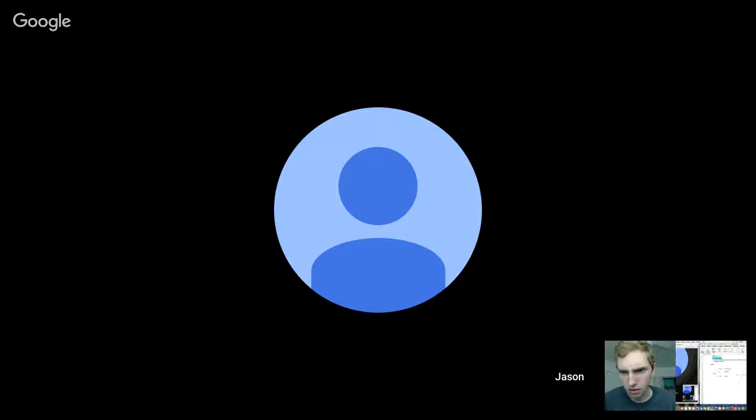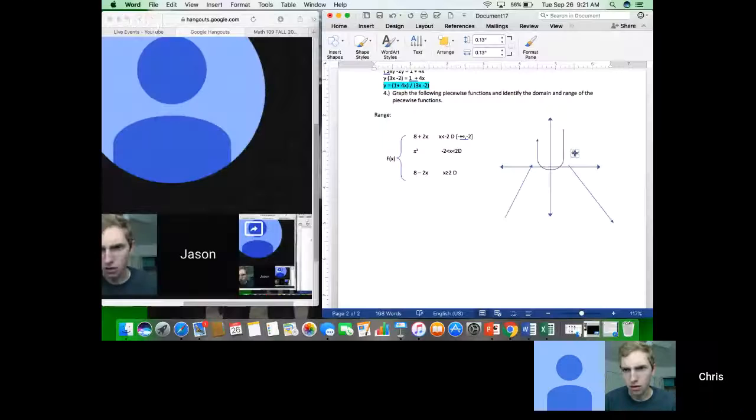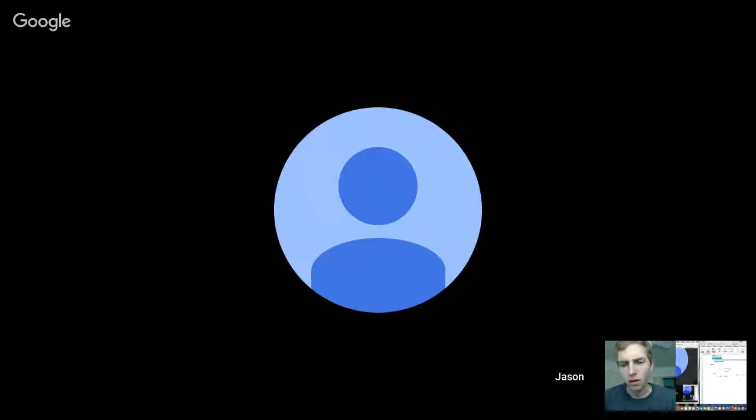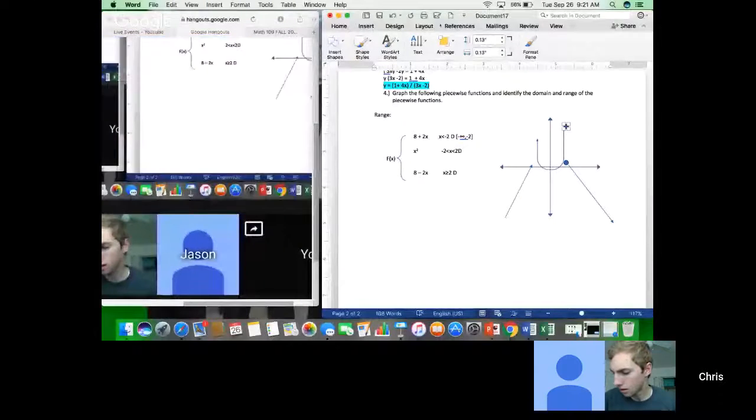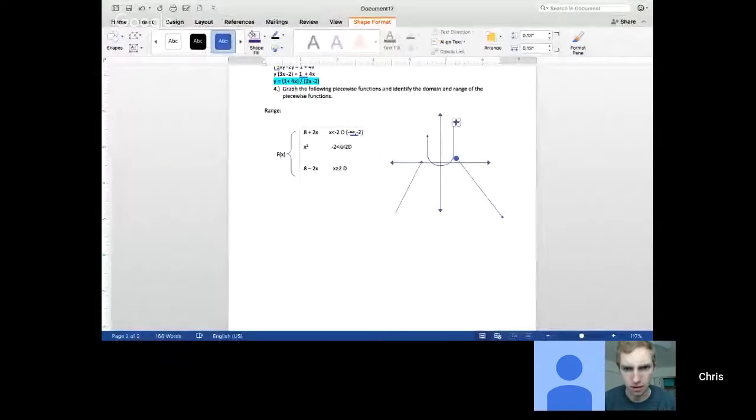Because the piecewise function should form one graph, because it's technically one function. Well, it doesn't have to necessarily touch. They just have to match up to align, yeah, to somewhere on the x-axis. Oh, okay. And that's an open circle because it's a greater than, not equal to, I should say.